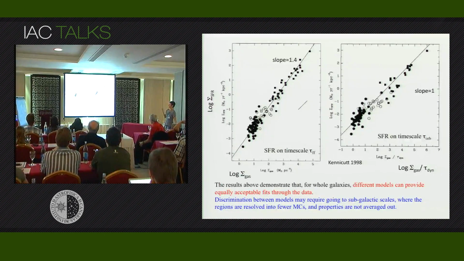So somehow, by looking at whole galaxies, we end up having a degeneracy between predictions from different models. You can't quite understand what is going on. Okay? So the problem is that averaging out properties over the 10 kiloparsec or 20 kiloparsec scale of a galaxy doesn't lead you to anything, or at least it doesn't help you discriminate between models. So you may want to say, okay, can't do that, let's move inside galaxies, and see what happens.